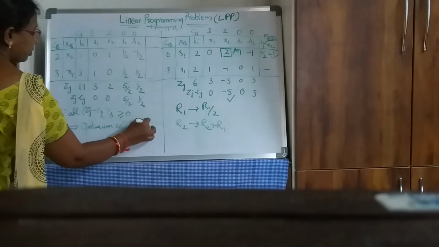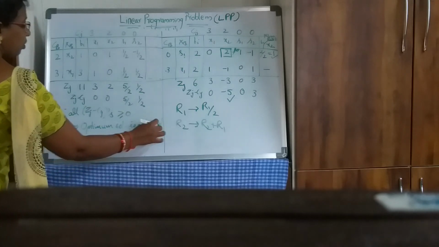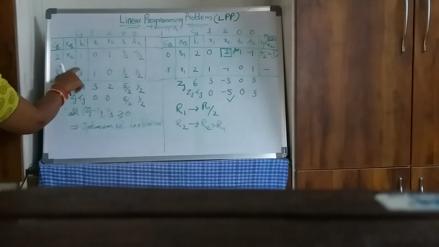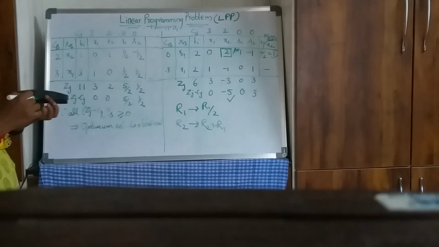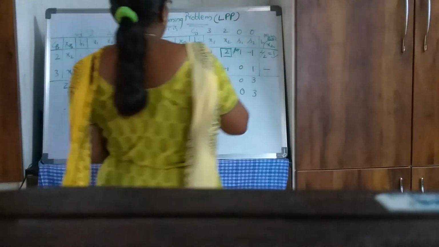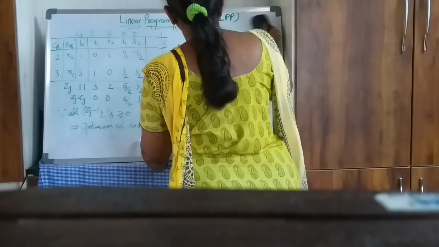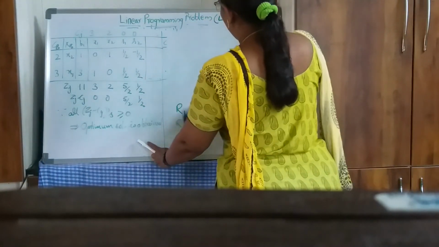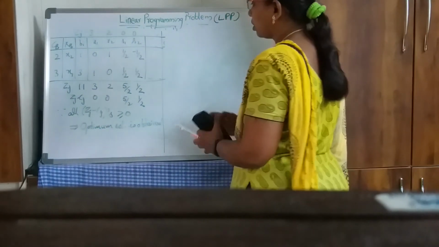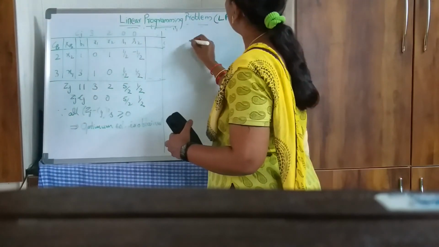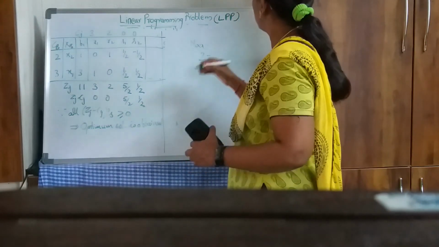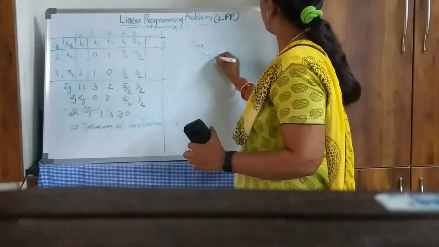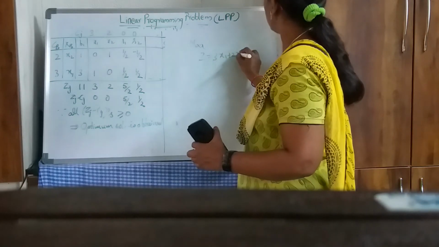So what is the optimum solution here? What is the solution we got? We got x1 equal to 3 and x2 equal to 1, and z equals 11. That is the answer for this problem. So how will we write the solution here? I will write: therefore maximize z equals, how much are you getting? You have 3x1 plus 2x2 in the problem.